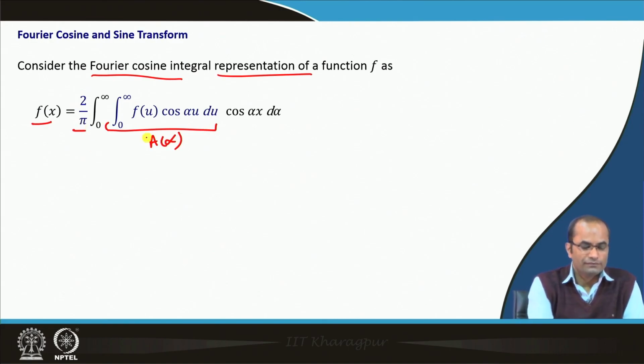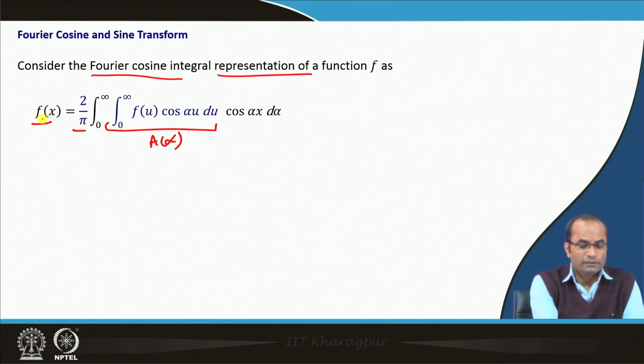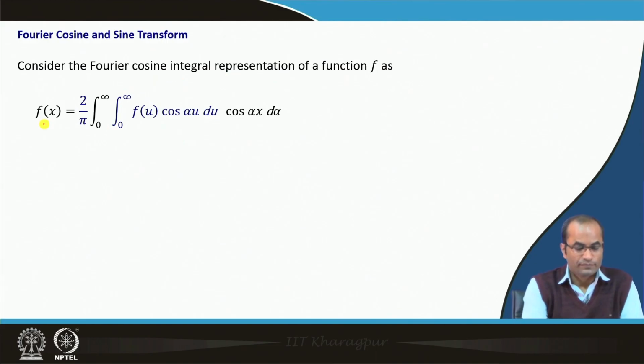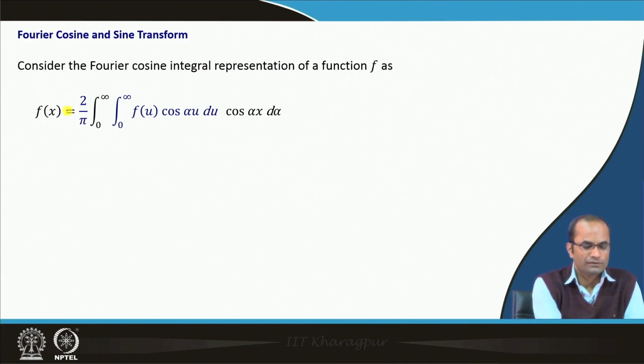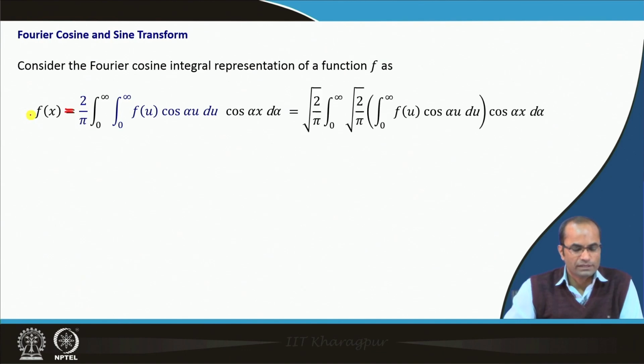Now we have just substituted that A(alpha) in this Fourier cosine representation. So, finally, we have this integral, for which we have assumed convergence, so that this is equal to f(x). That was already discussed in the previous lecture.